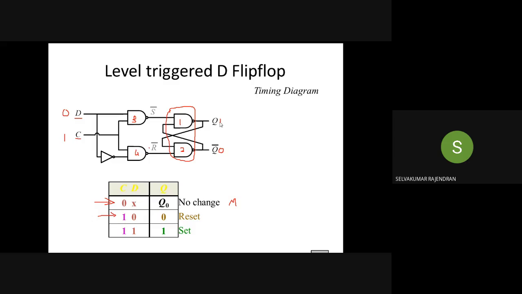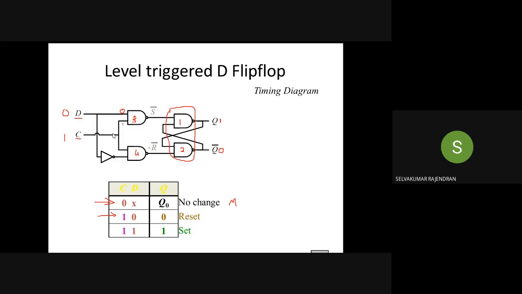So assume that the previous state outputs are Q equal to 1, Q bar equal to 0. Here I am enabling the clock pulse or control signal with logic 1, and I am applying data input as logic 0. So NAND gate 3 has 0 on one input and 1 on the other input, which is coming from the clock signal.